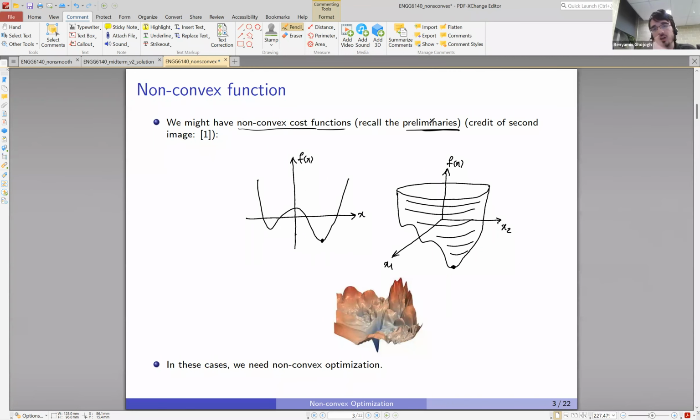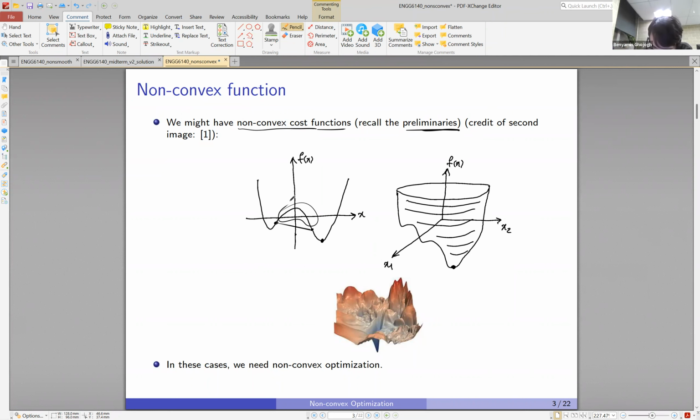We talked about convex and non-convex functions in the preliminaries in the first and second sessions. For example, this is a non-convex function. This is also a non-convex function. Why? Because, for example, if you consider these two points and draw a line between them, this part of the function is above this line.